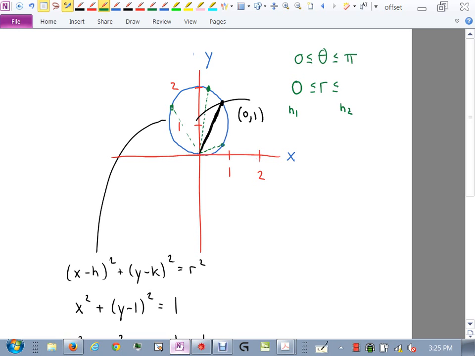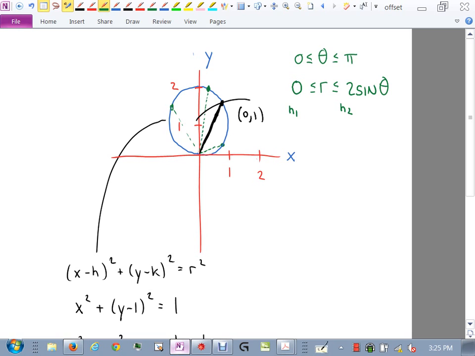My two functions of theta. When I'm standing here and I'm looking out, what's the one that tells me how far I can go? That's my 2 sine theta, right? What's the one on the inside? Well, as I look around here, the smallest it can be is 0 the whole time, right? So it'll be 0 to 2 sine theta. Does that make sense?